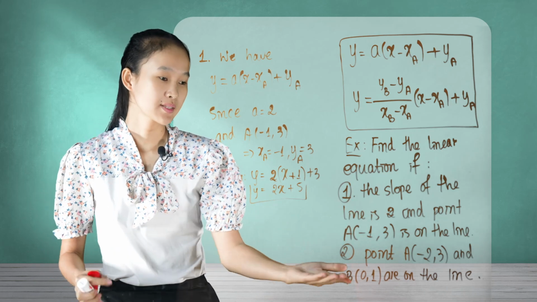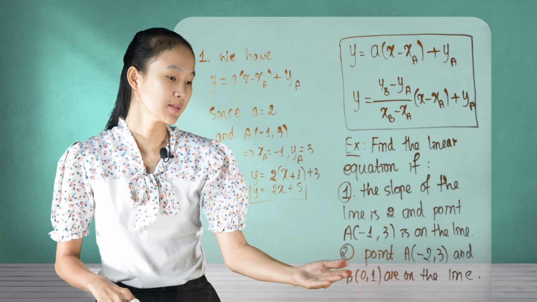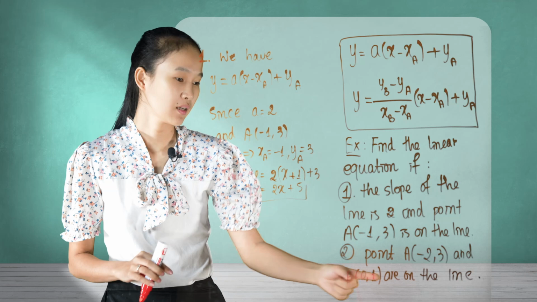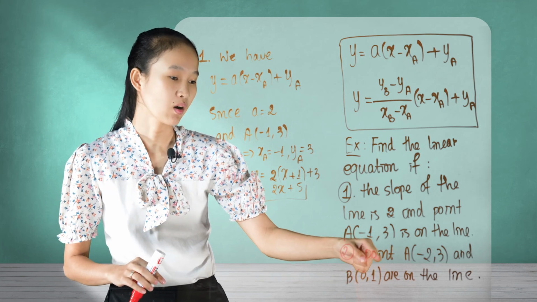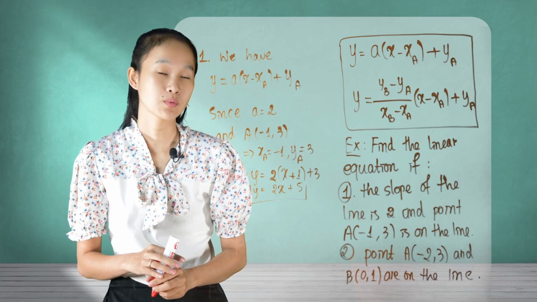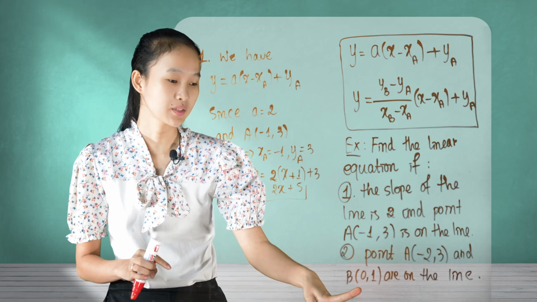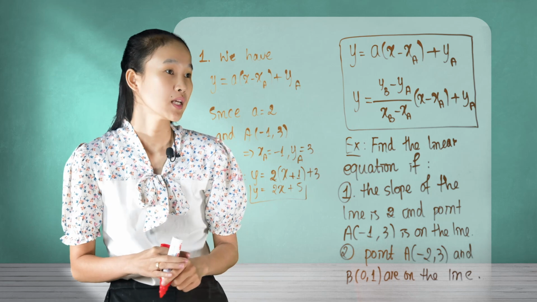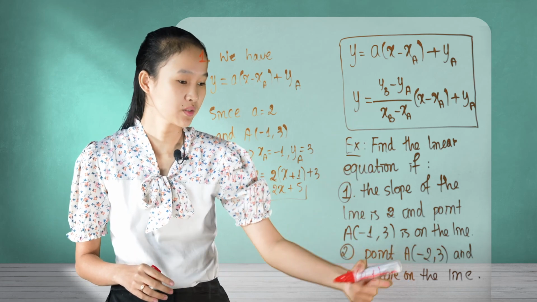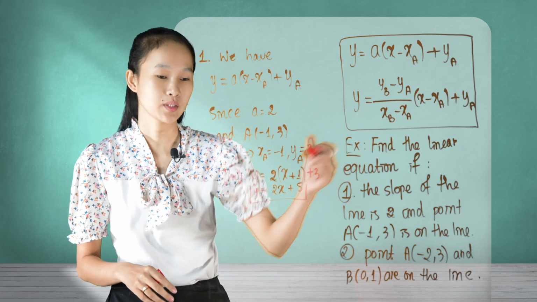And for our second exercise, you have to find the linear equation that these 2 points are on: point A with the coordinate -2 and 3, and point B with the coordinate 0 and 1. So you have to substitute these 1, 2, 3, and 4 into this formula.